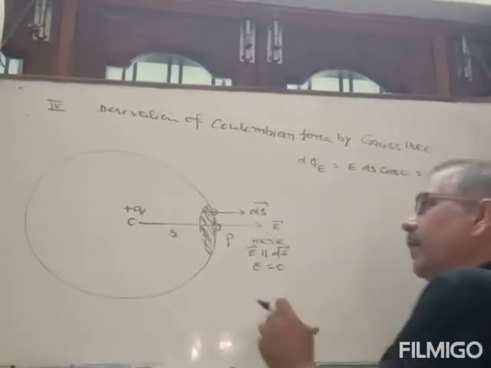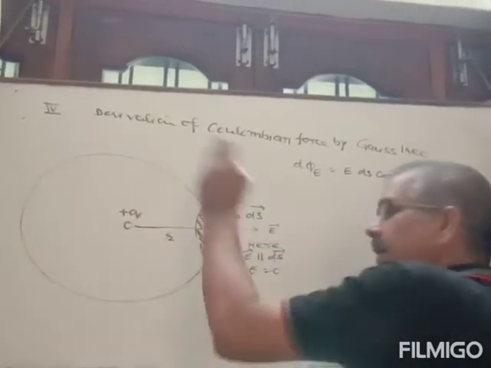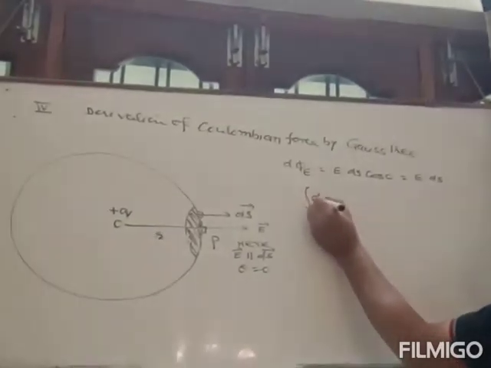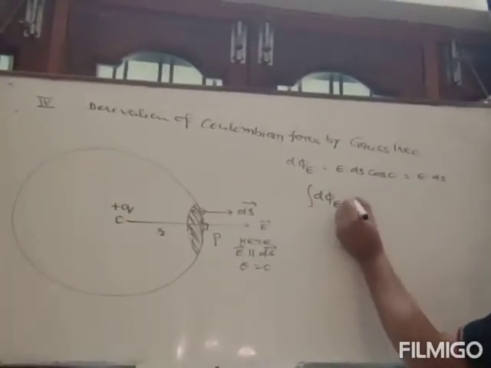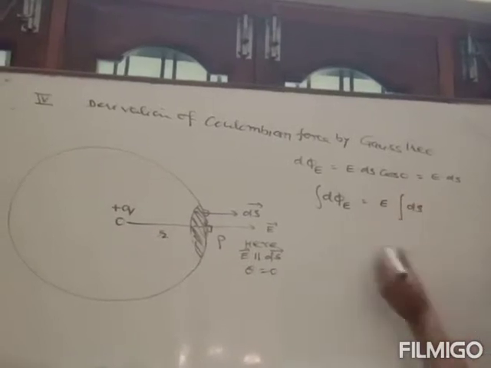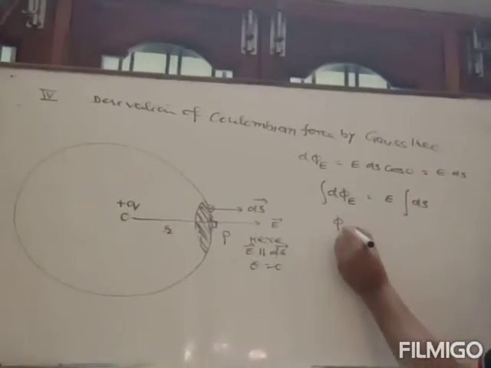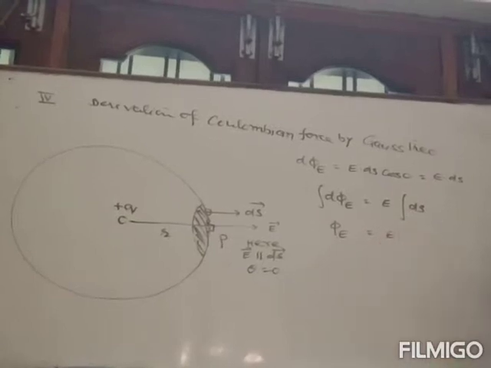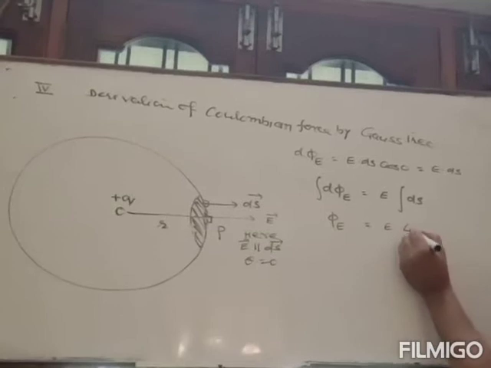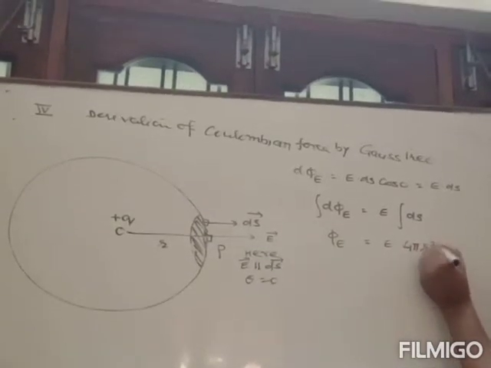So what is the total flux which is linked with the whole spherical Gaussian surface? For this purpose, we will integrate it, that is integration of d phi E is equal to E integration of ds. It is phi E is equal to E times the surface area of this spherical Gaussian surface, which is 4 pi r square.